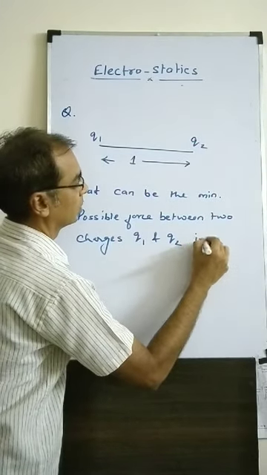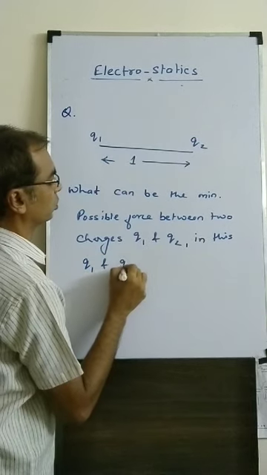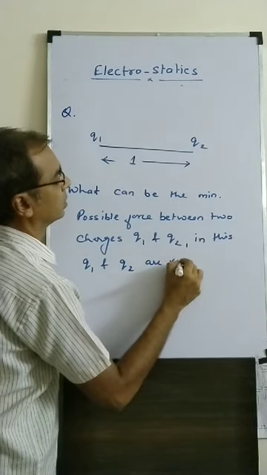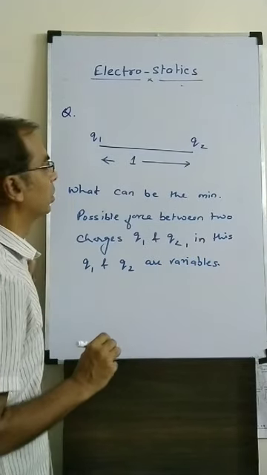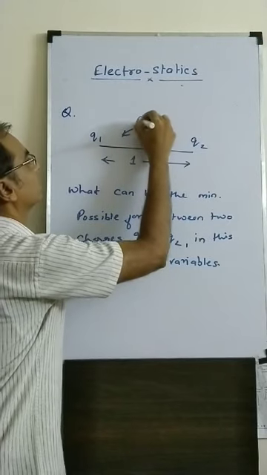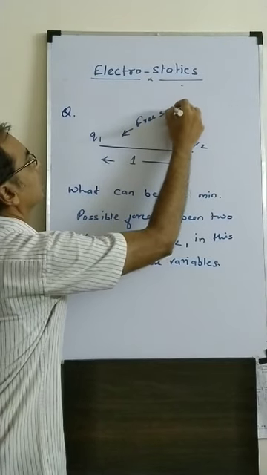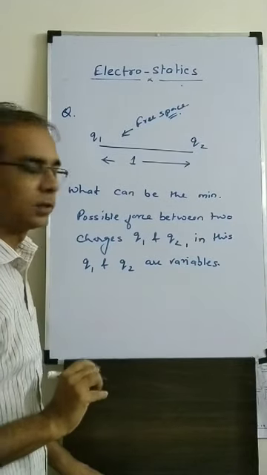Here Q1 and Q2 are variables. That means we have to find Q1 and Q2 only, because the separation is already given. And this is free space. So what can be the minimum force between the two charges?